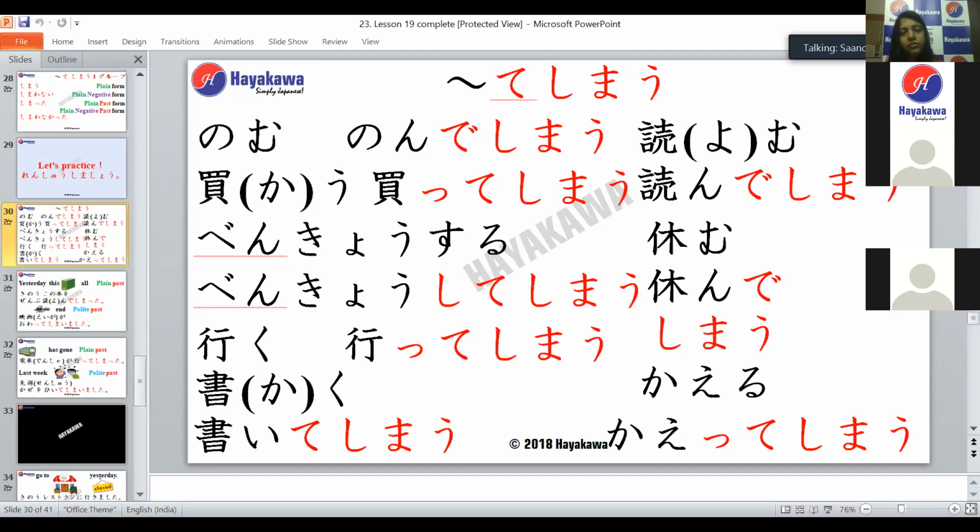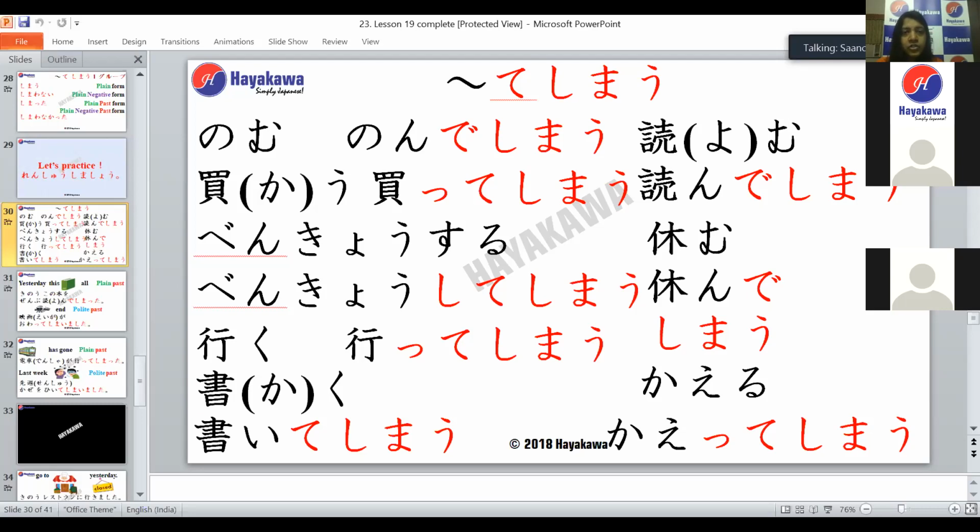Iku, itte shimau. Kaku, kaite shimau. Yomu, yonde shimau. Yasumu, yasunde shimau. Kaeru, kaete shimau.